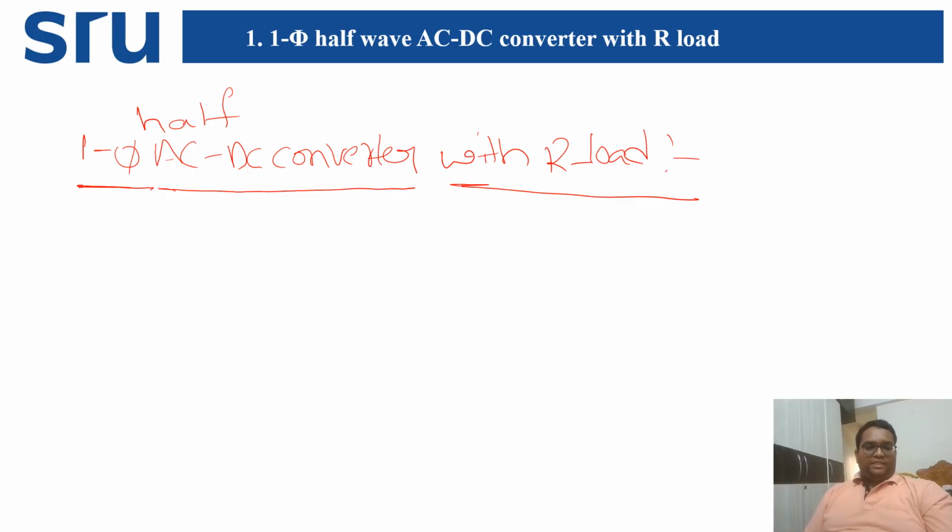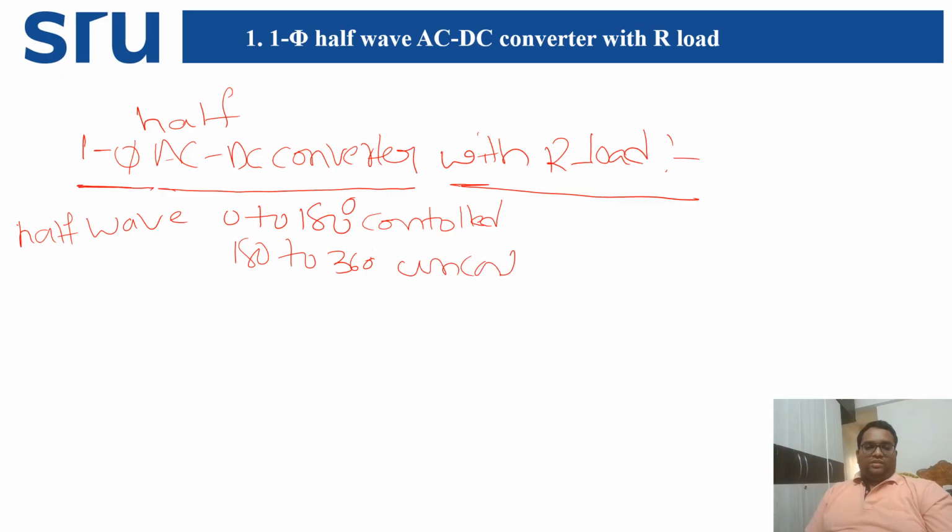Now we will look at half wave. Half wave indicates that we are going to control only the 0 to 180 duration of the waveform, and after that it is not controlled. So 0 to 180 is controllable, and 180 to 360 is uncontrolled.